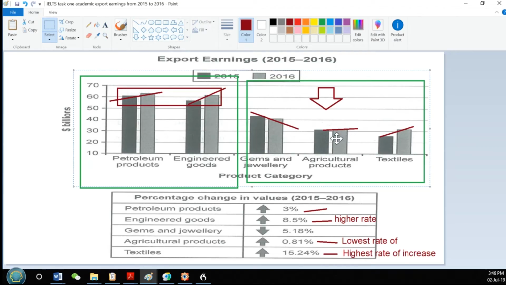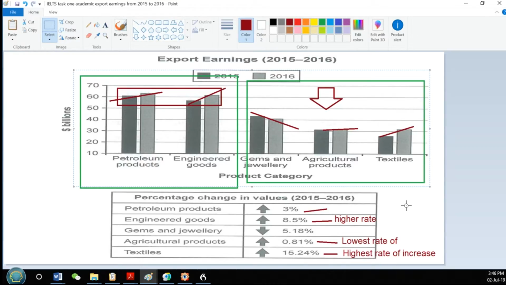So really, for the overall summary, we're trying to summarize all the data for all the categories for both years, and this can be quite tricky, and it also depends on the structure that you've picked to cover in your task. I've decided to have a paragraph about the highest categories and then on to the lower categories.